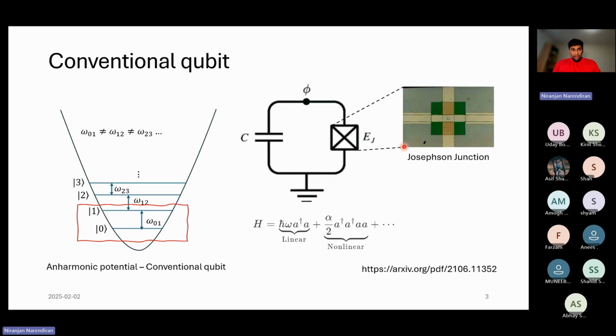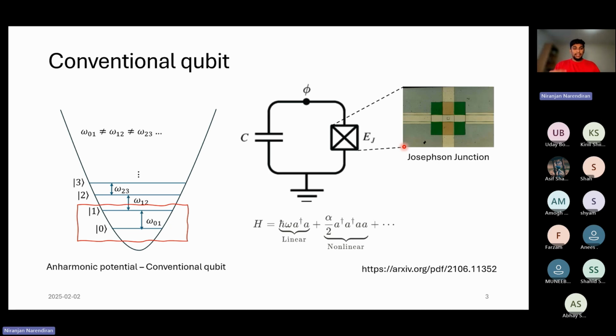To answer what is a bosonic mode, let's answer what is a conventional qubit in the first place. Usually you would have seen people going the other way, but for this talk, this is necessary. A conventional qubit takes a linear oscillator, it could be a harmonic oscillator, and then adds a nonlinear element to it. Usually in superconducting circuits, we take an LC oscillator and replace the inductor with a Josephson junction to form a qubit.